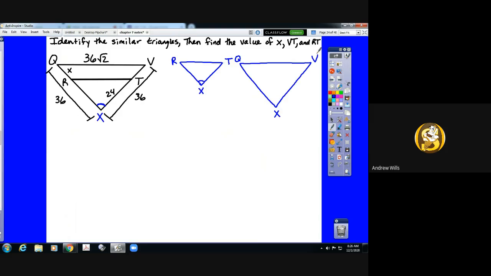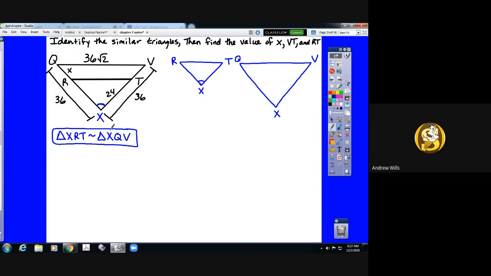So when it says identify the similar triangles, it wants us to write a similarity statement. So we would just quickly say that XRT is similar to XQV. That takes care of the identification of the similar triangles. It just basically means write a similarity statement.